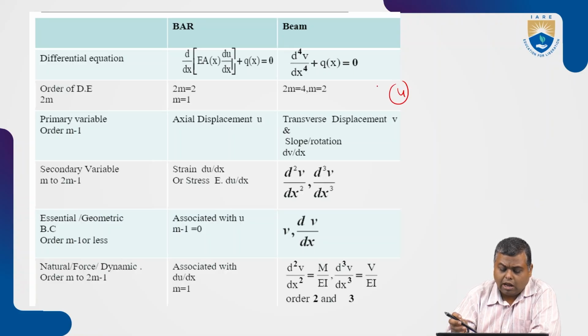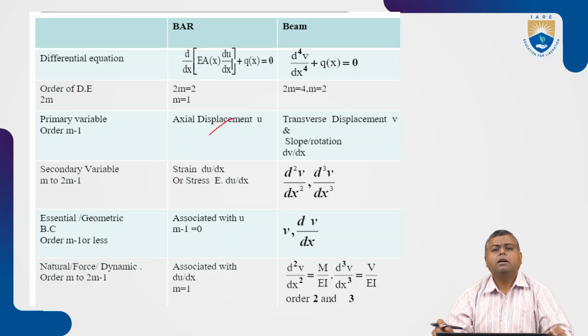Now, displacement in a bar is axial displacement, whereas in a beam we have transverse displacement as well as rotational displacement, which is nothing but slope. The secondary variable is strain du by dx or stress, whereas here we have d square v by dx square and d cube v by dx cube.